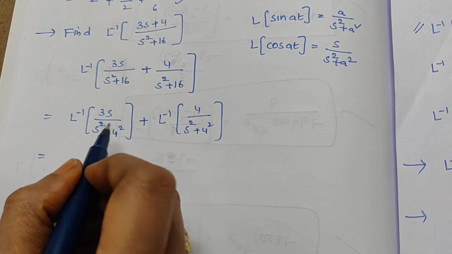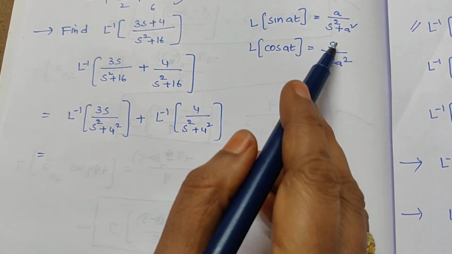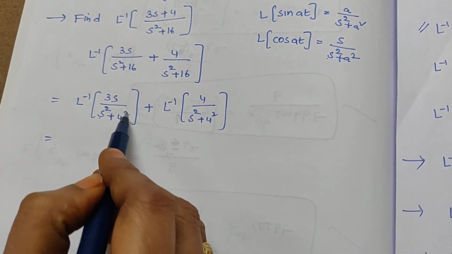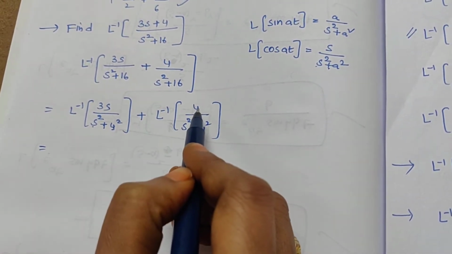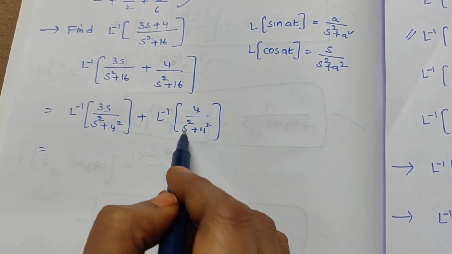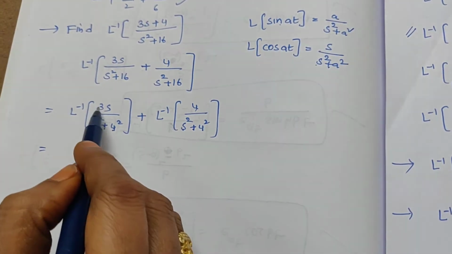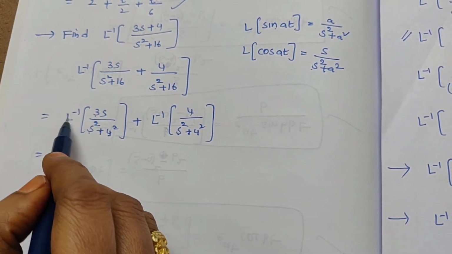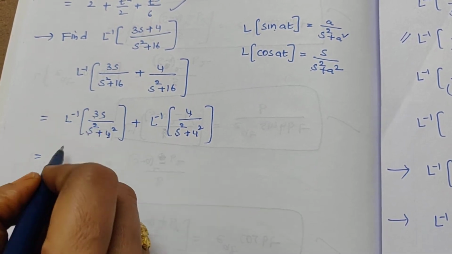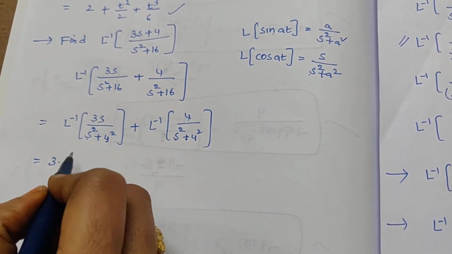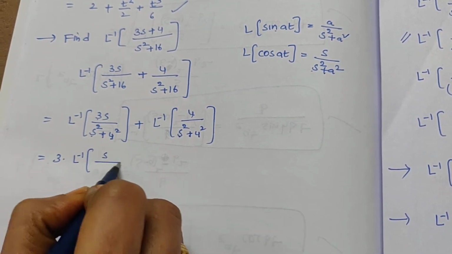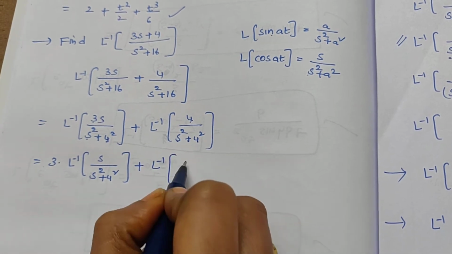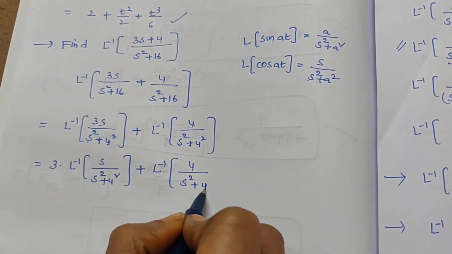Now the Laplace transform of cos at is s by s square plus a square, clearly s by s square plus a square with a as 4. Here a by s square plus a square is the Laplace transform of sin at. But here there is an extra 3. From the linear property, the operator doesn't affect the constant, so we can write it outside of the operator. 3 into L inverse of s by s square plus 4 square plus L inverse of 4 by s square plus 4 square.